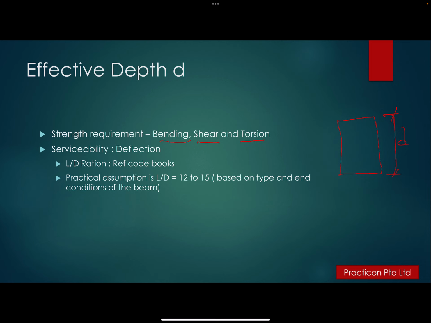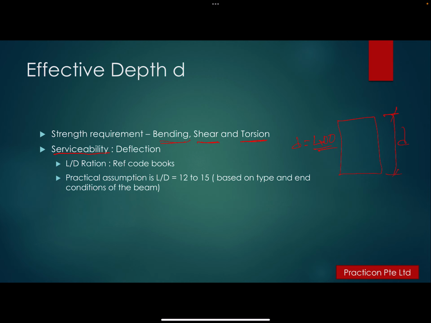The second check that needs to be considered: even if, based on the bending moment, shear force and torsion, we need a depth of 400 mm, good enough. However, based on the length of the section, there is a serviceability criterion also provided by the code.